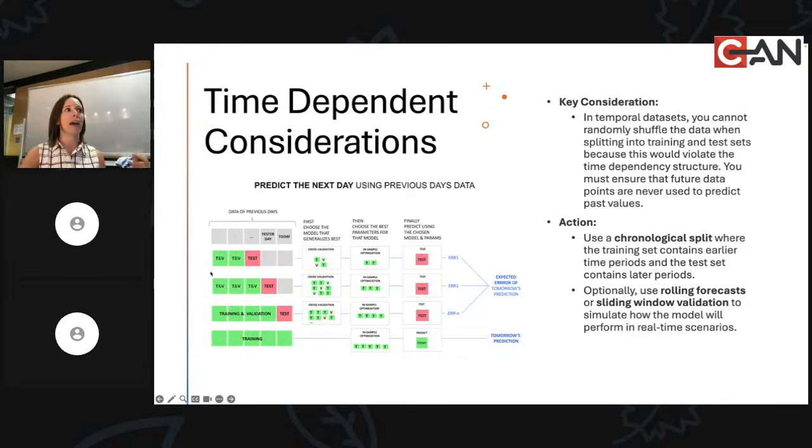They're only giving the past, and then they're saying for your test set, tell me your prediction for the next day. And then notice they're dropping these two folds out; they're not considered at all. And then they're sliding that window over through training and validation and a test set. So just a chronological split may be important if you're trying to predict.